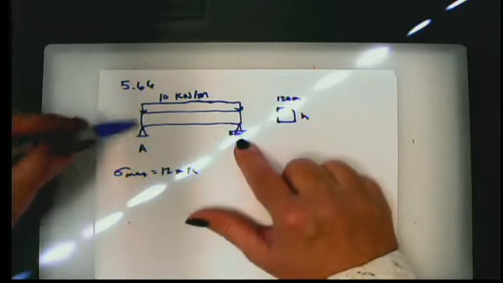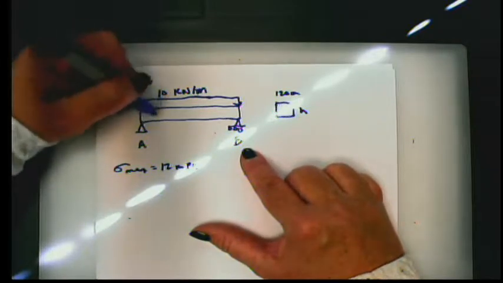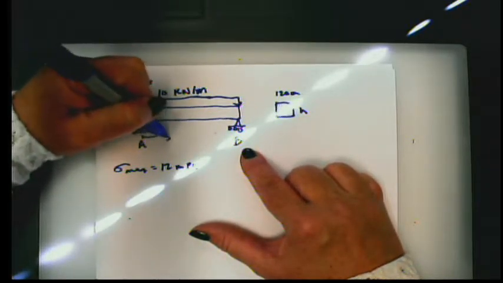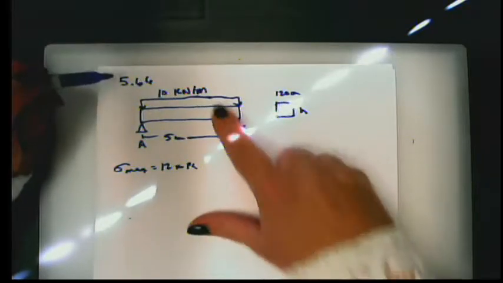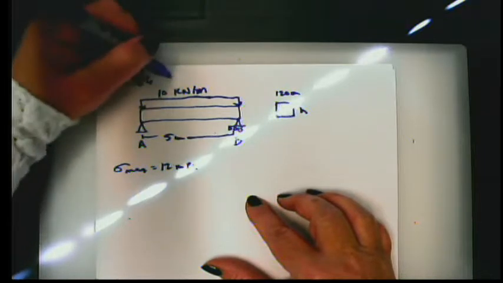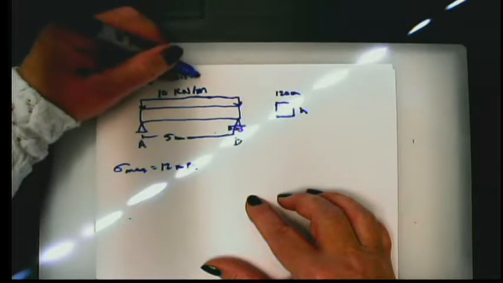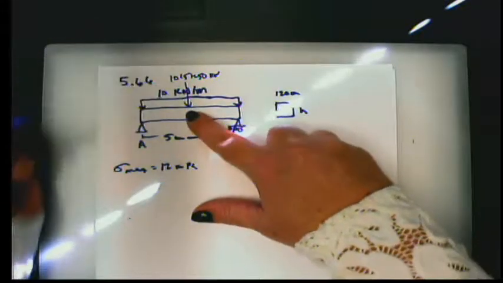All right, first thing we need to do is determine our reactions at A and B. This is 5 meters long. This is a constant load, so we could think of this as 10 times 5, or 50 kilonewtons, and since it's rectangular, we can think of it as being right in the middle of the beam.